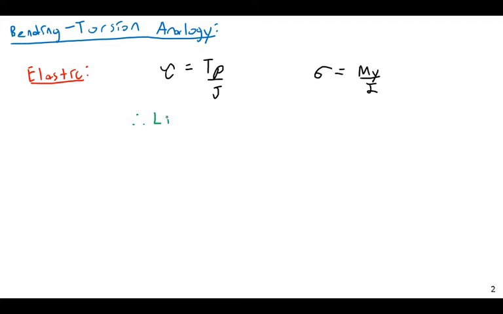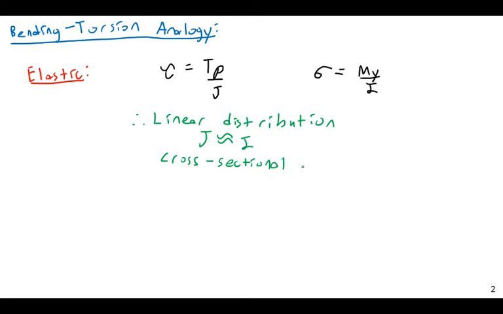So they are very similar, except obviously one is a normal stress and one is a shear stress. And so J is analogous to I, and they both can be thought of as cross-sectional resistance to deformation.